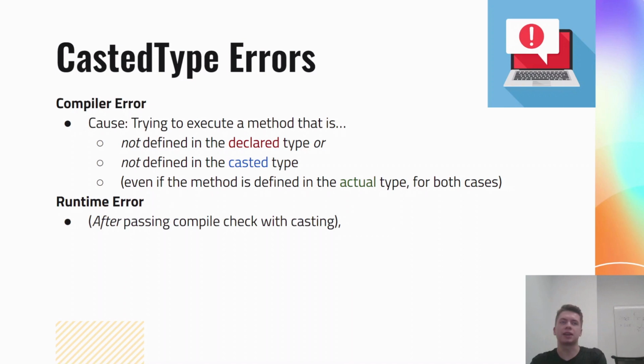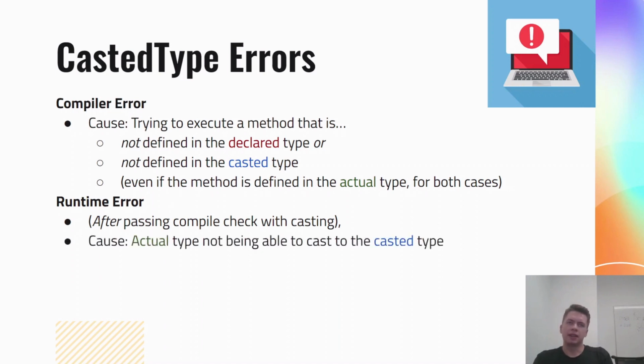Additionally, we may encounter a runtime error, like this would be the error that would be thrown in Casey's V example. And this is when the actual type is not able to be casted to the casted type. This is opposite to the compiler errors, where if the actual type cannot be declared as the declared type, we would throw a compiler error.